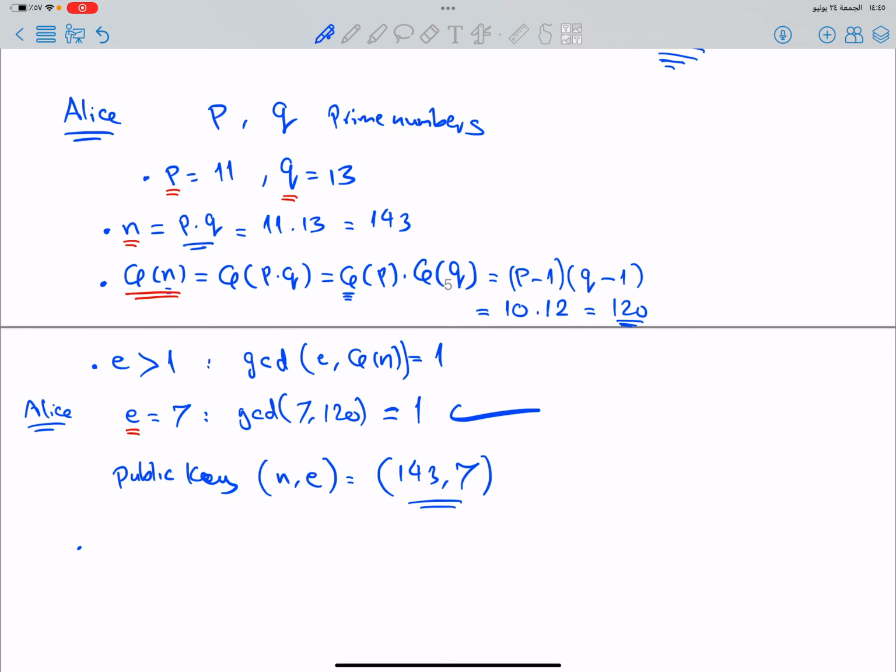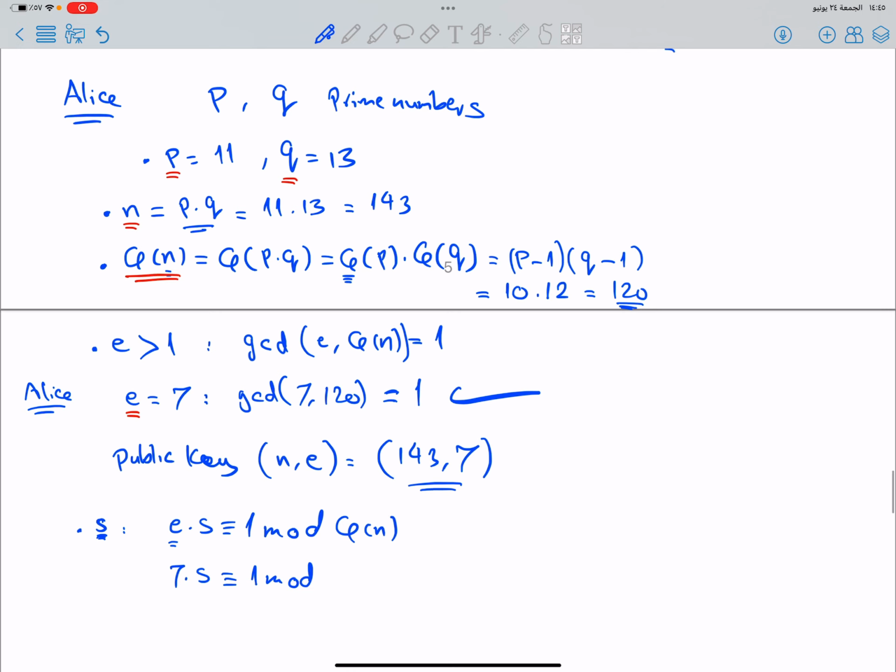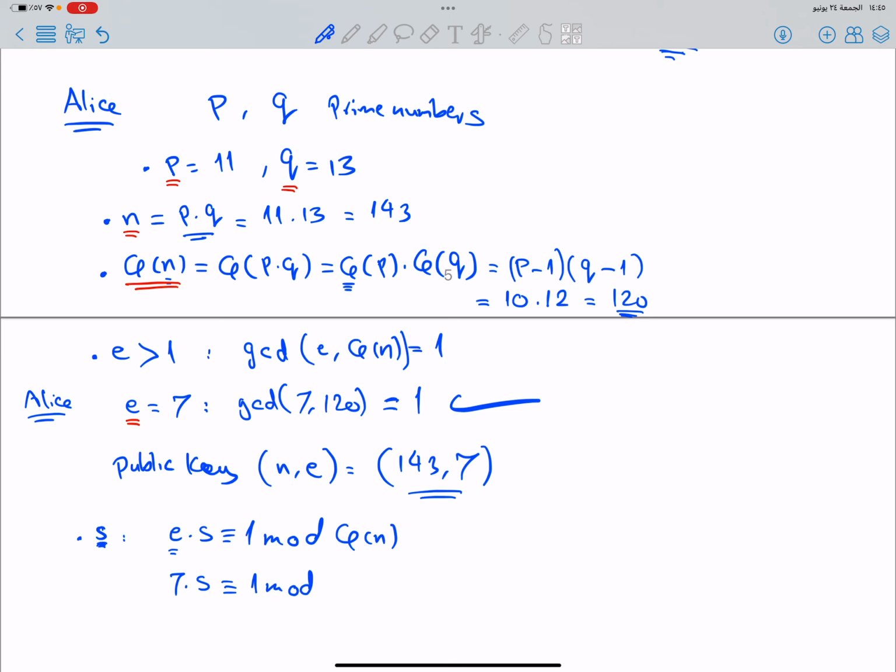Now Alice should calculate S. S is the secret, it comes from the secret. This is very important. And how can Alice calculate S? There is an equation: E multiplied by S is congruent to 1 modulo phi N. E is 7, S multiplied by 7 is congruent to 1 modulo phi N. We calculated phi N is 120.